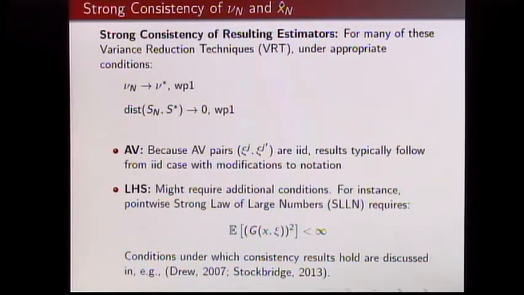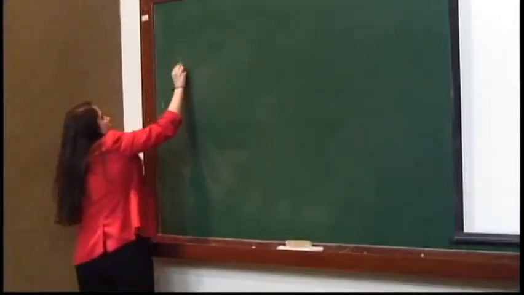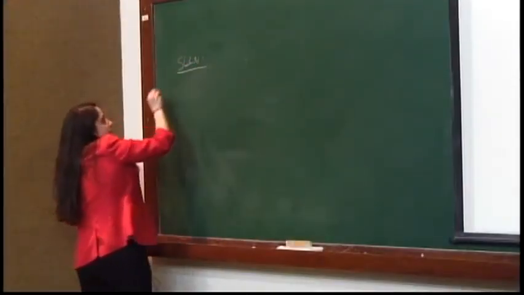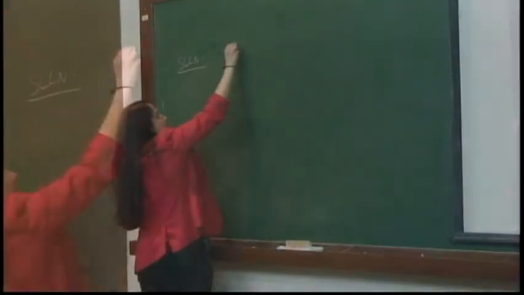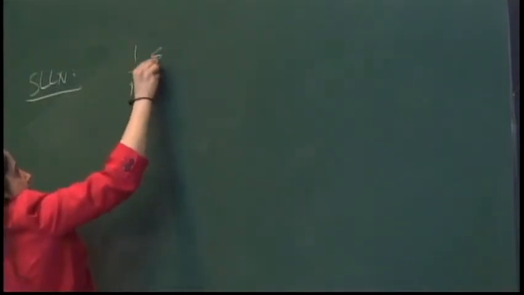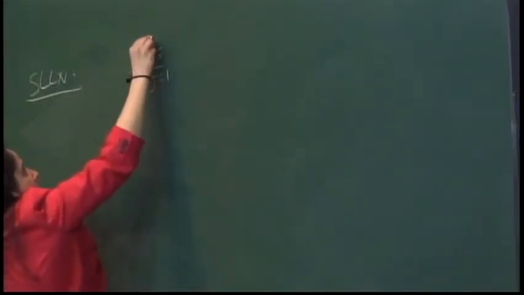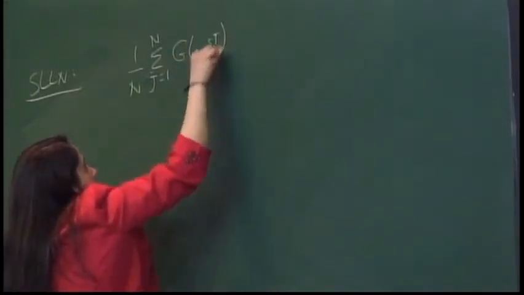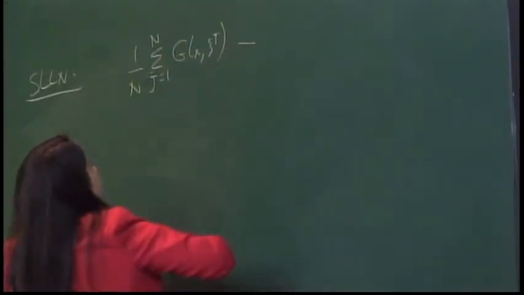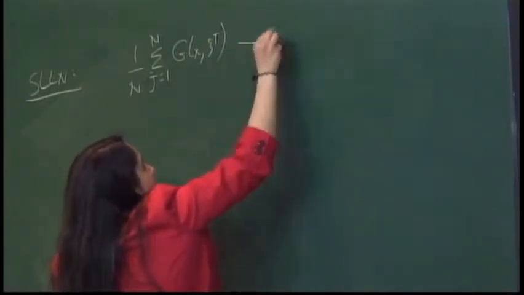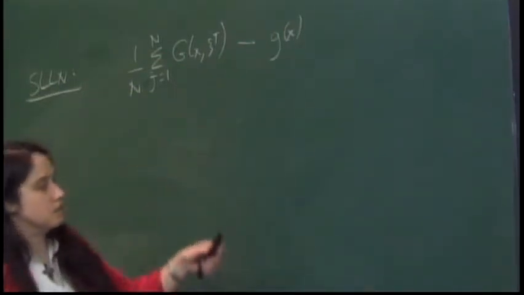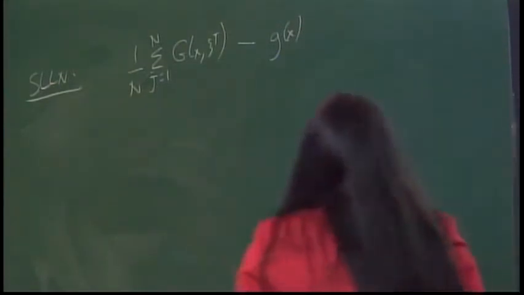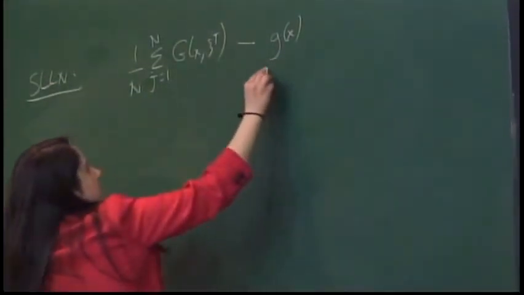Just to make things a little bit more concrete, the strong law of large numbers in my context basically says, if I have a sample mean estimator for a fixed x, and I look at its estimate, this g of x is the expected value of this capital G. This is what I'm trying to estimate.